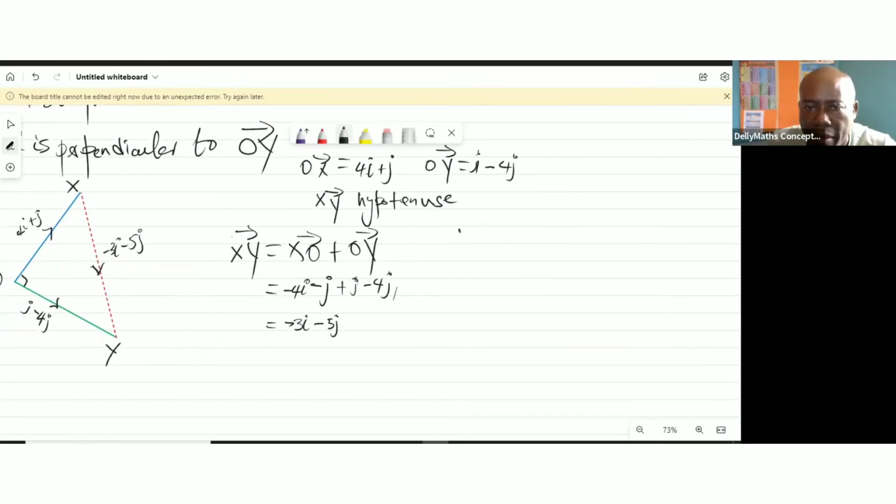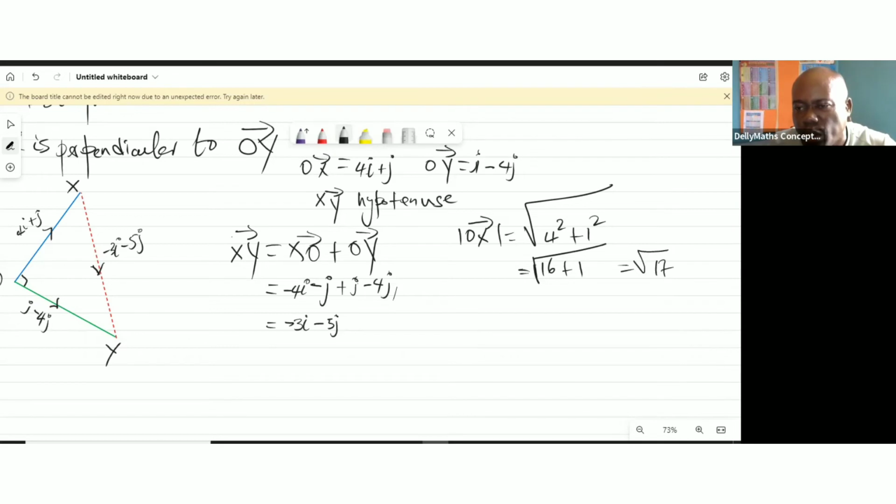All right, let us find the magnitude of OX. The magnitude of OX is to use Pythagoras' theorem on the components. So we're talking about 4 squared plus 1 squared, and that's going to give me 16 plus 1. So this is equal to the root of 17 units for OX.